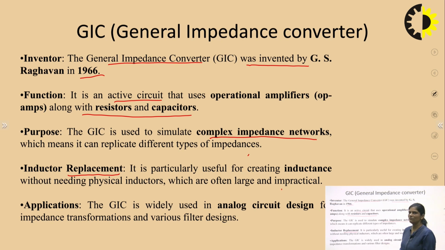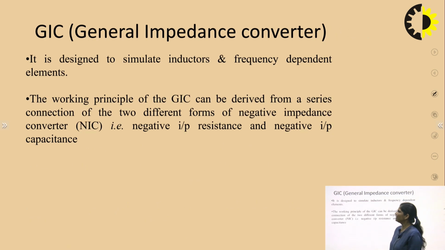Now, its application: GIC is widely used in analog circuit design for impedance transformation and various filter designs. Now, we will start with the derivation of this GIC. It is designed to simulate inductors and frequency dependent elements. The working principle of GIC can be derived from a series connection of two different forms of negative impedance converter.